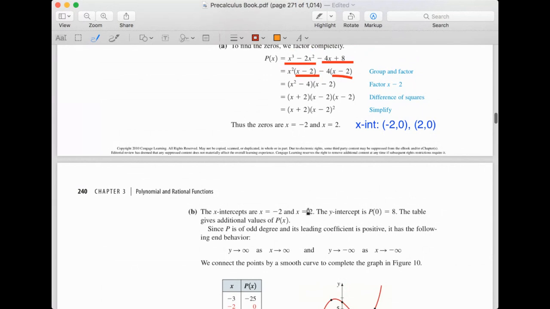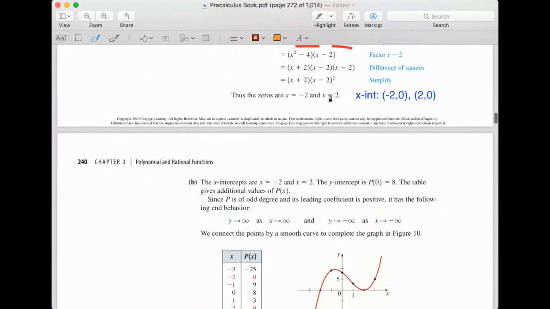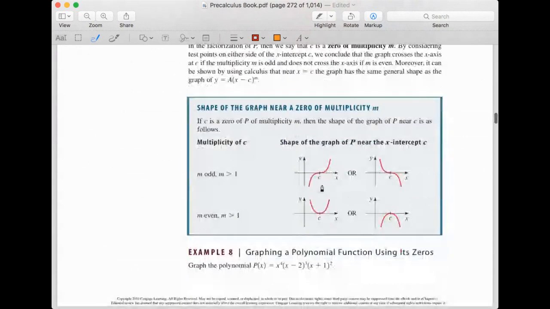It just goes through. If the multiplicity is even, it touches it. That's this one. So multiplicity of the root: if the root has odd multiplicity, it goes through. If the root has even multiplicity, it touches.